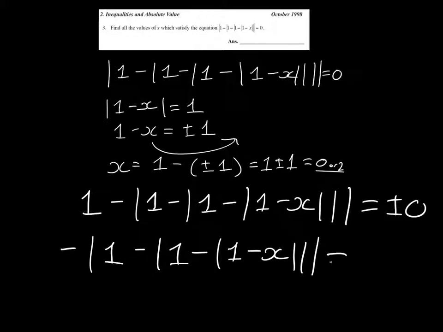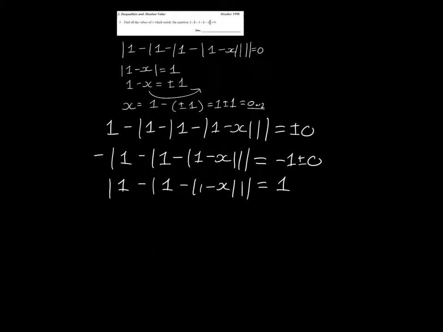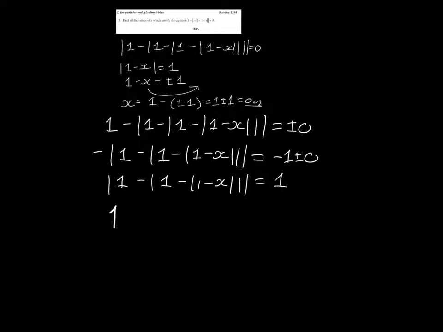Is equal to negative 1 plus or minus 0, which is just negative 1. And then write this is equal to 1. So now that we know this is true, we can keep taking off the absolute values. And this is plus or minus 1.